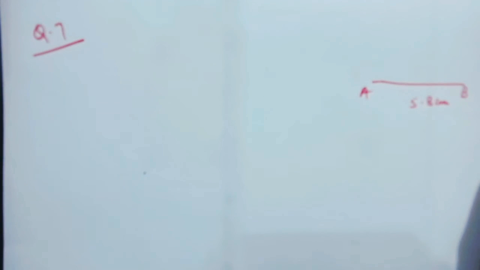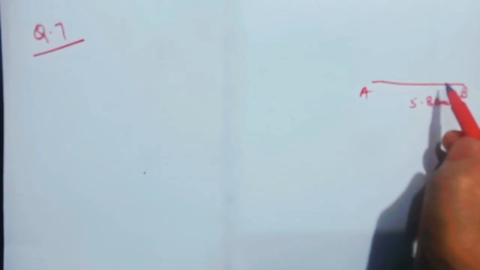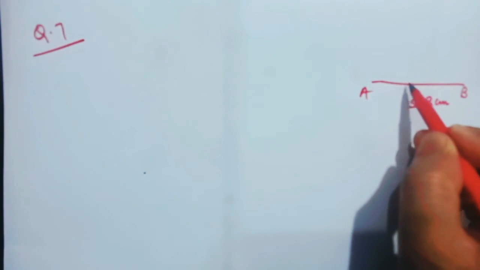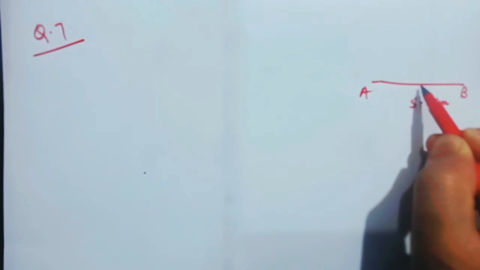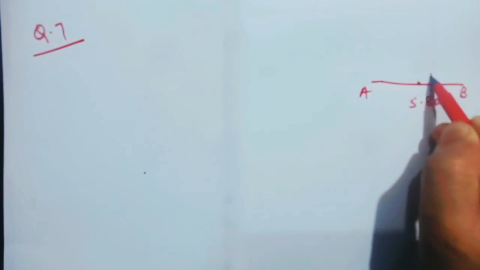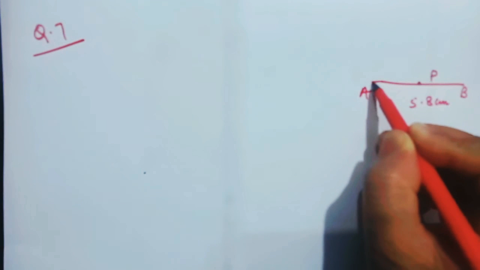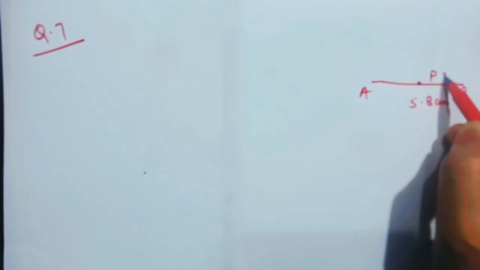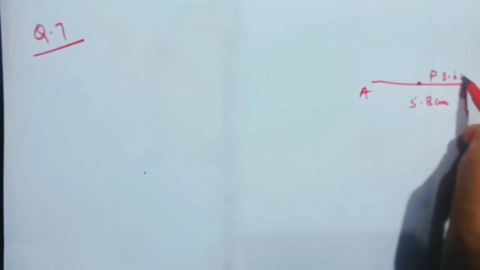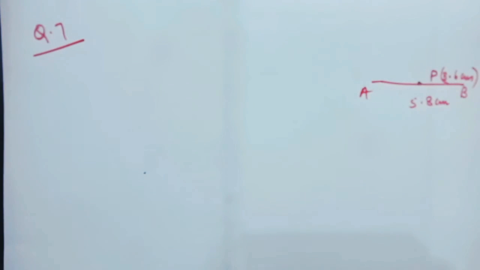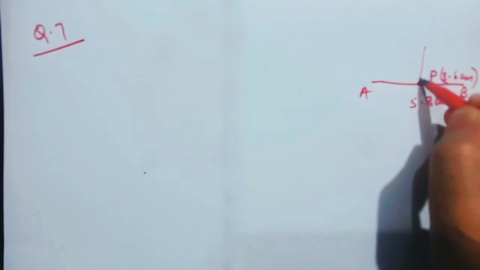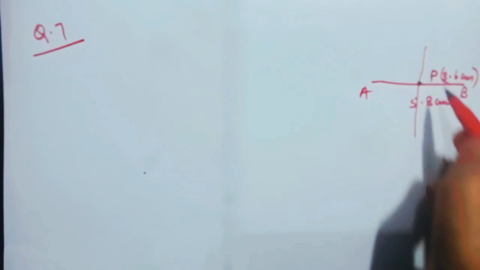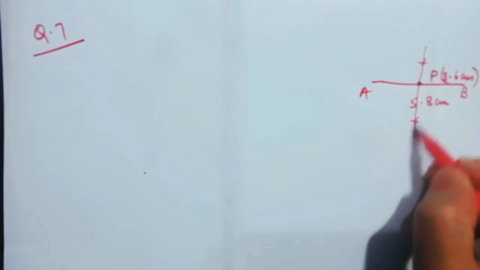Mark a point P in AB such that PB is equal to 3.6 centimeter. So this is my point P, in which PB is equal to 3.6 centimeter. At P, draw perpendicular bisector. This is what we have been asked.